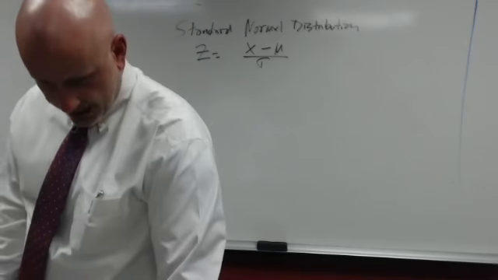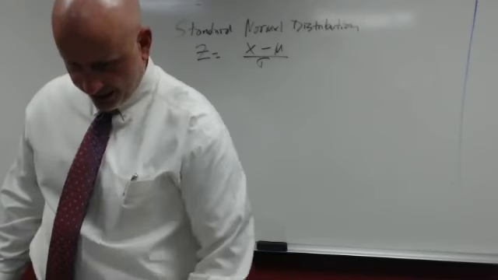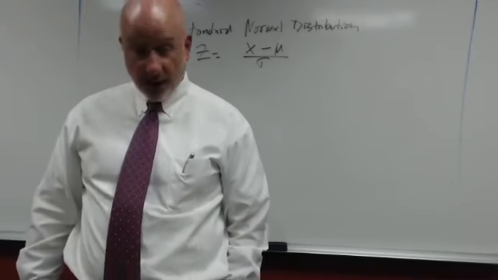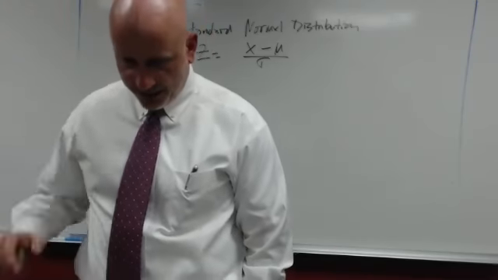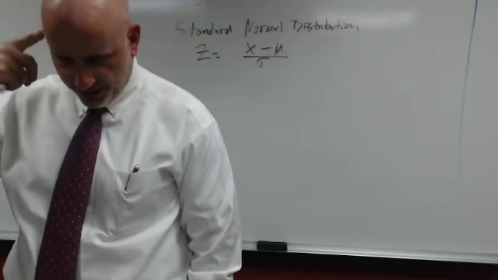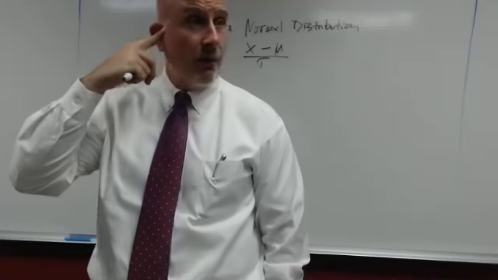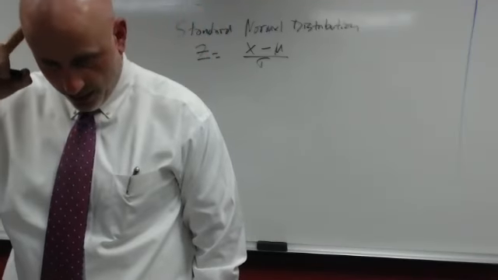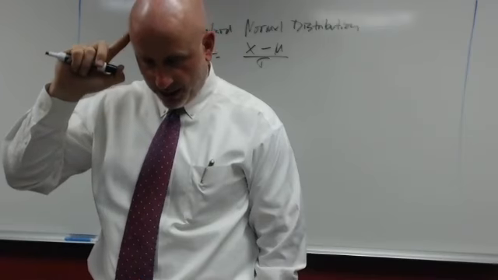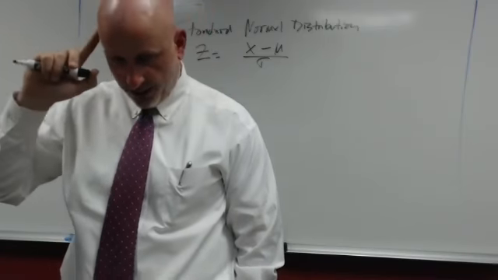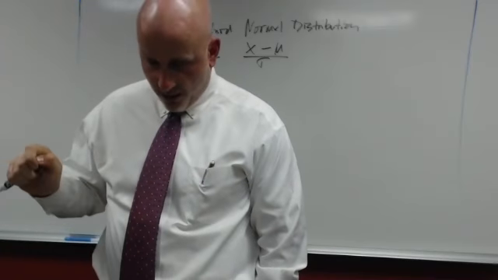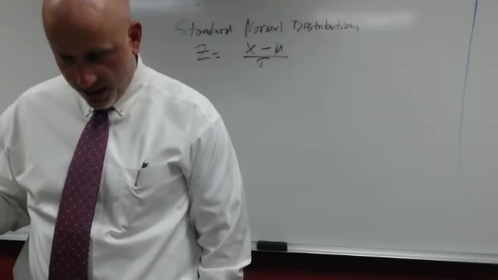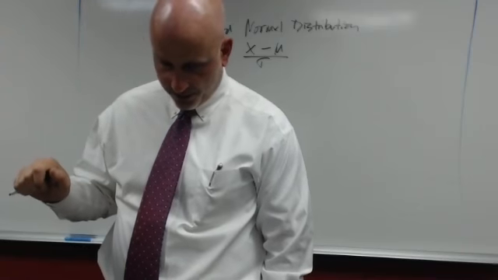So the weekly incomes of shift foremen in the glass industry follow a normal probability distribution with a mean of 1,000 and a standard deviation of 100. What is the z-value for the income? They're going to call this the z-value. A foreman who earns $1,100 per week.